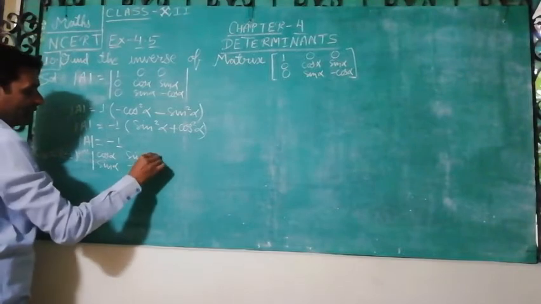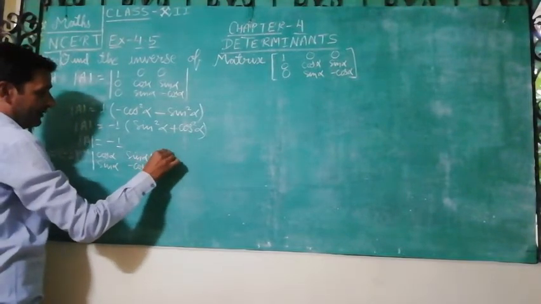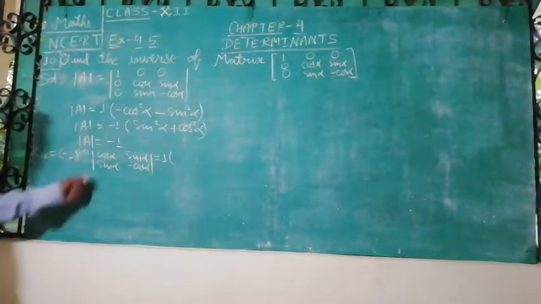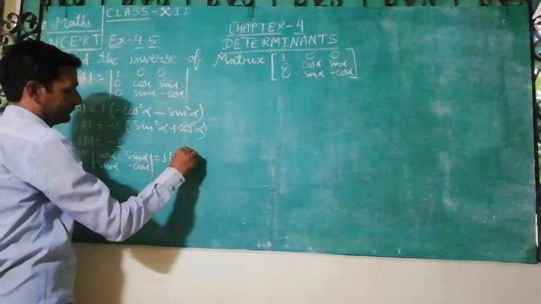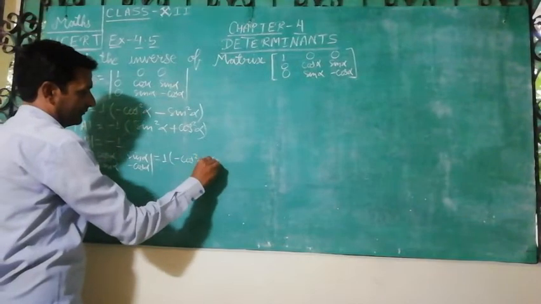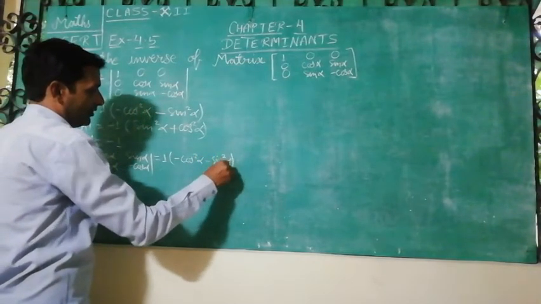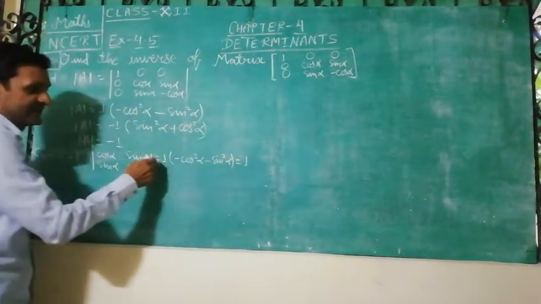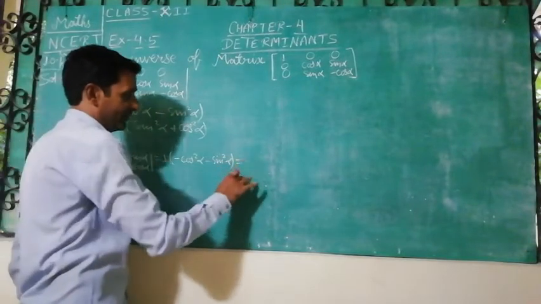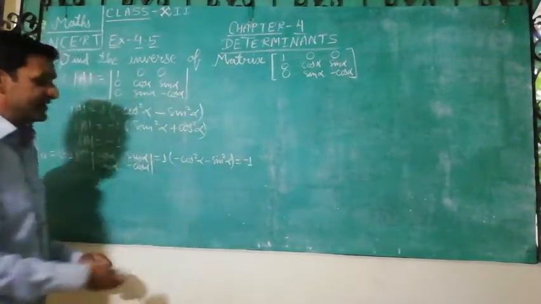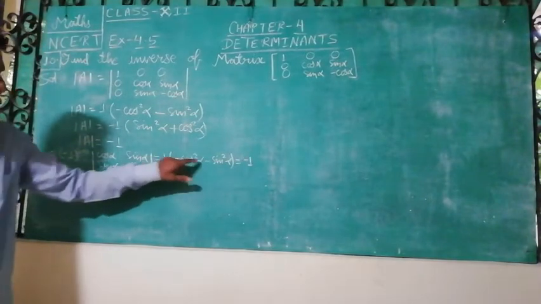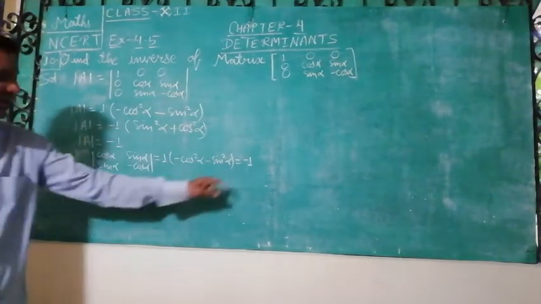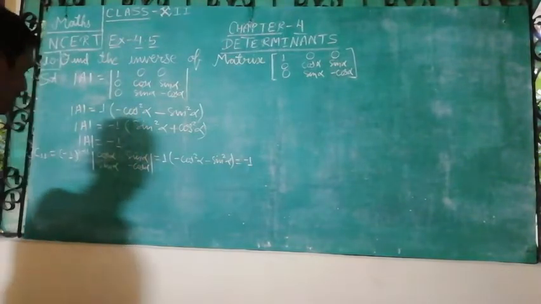So it will be equal to 1 only because minus 1 raised to an even power. Minus cos square alpha minus sin square alpha. Taking the minus sign common, it will become sin square alpha plus cos square alpha, so it will be minus 1.